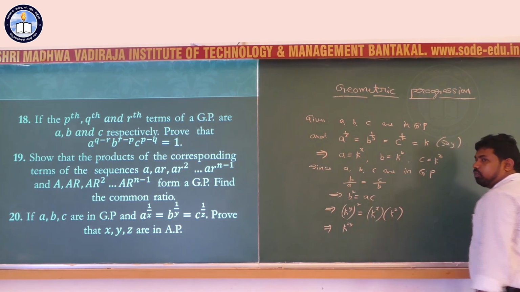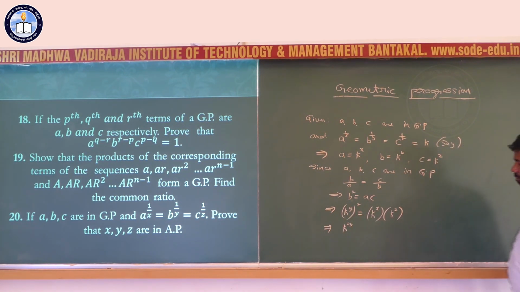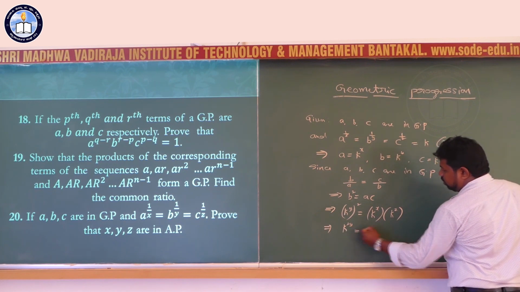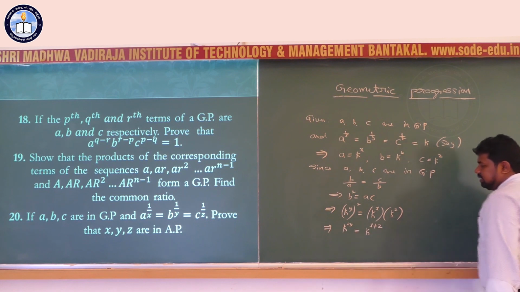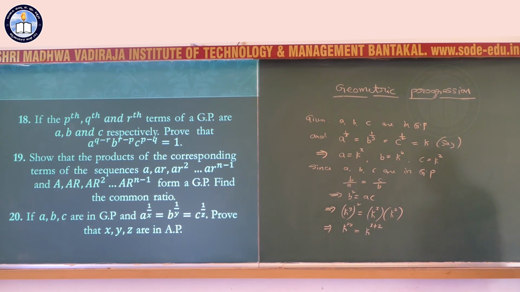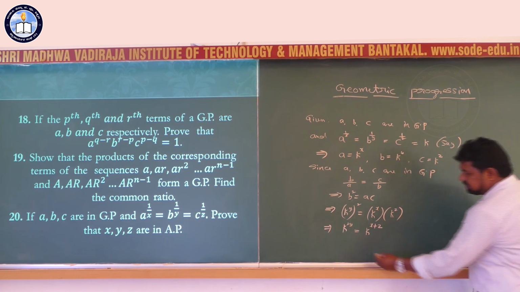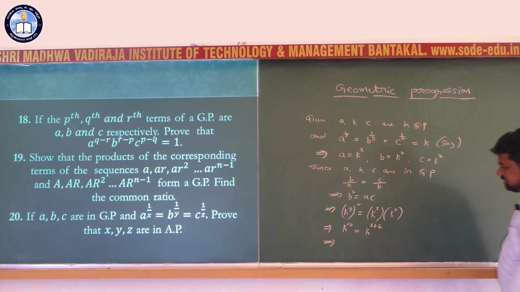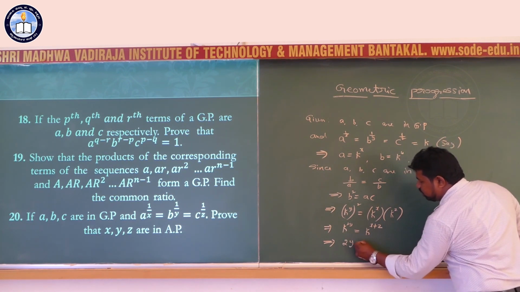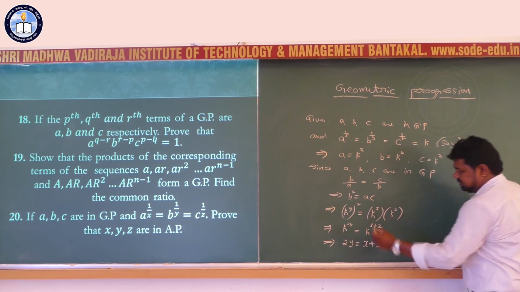I use the formula x power m into x power n equals x power m plus n. It implies k power 2y equals k power x plus z. Therefore, 2y equals x plus z.